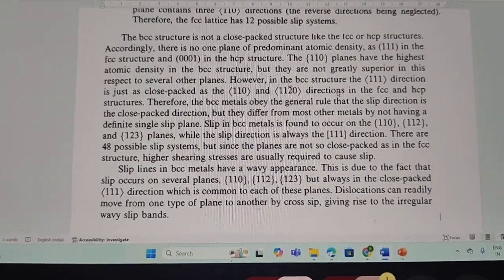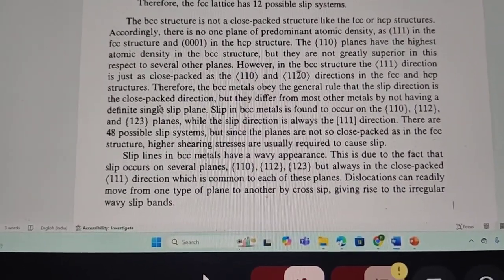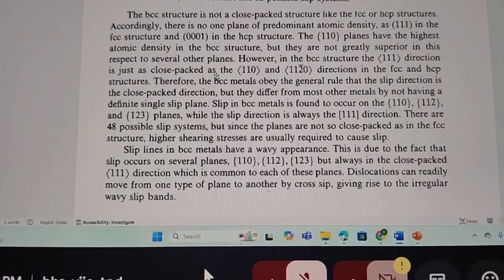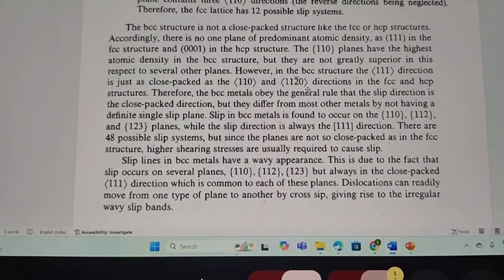And they all contain the 111 direction, and that is close packed.